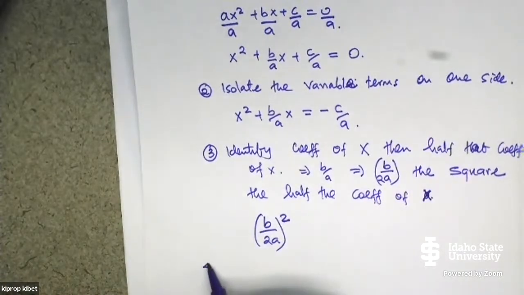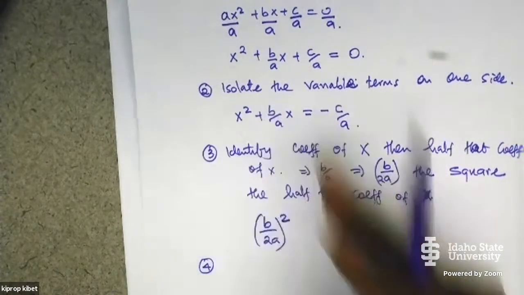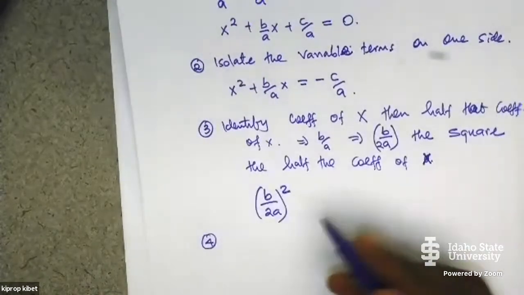Then what is our fourth step? We add this one to the equation on both sides.